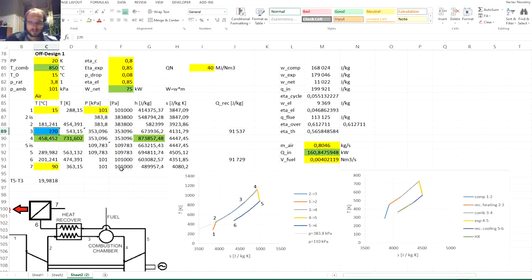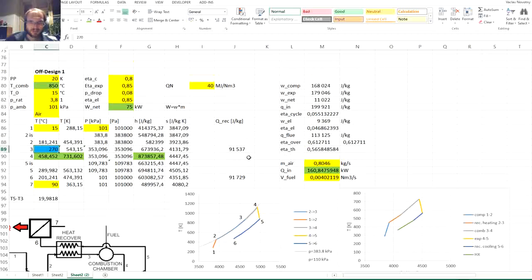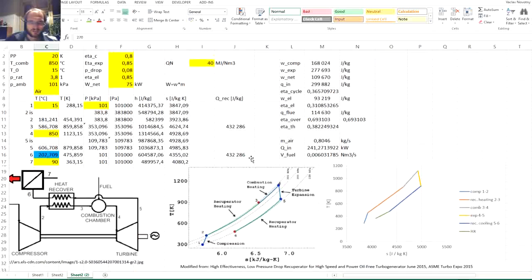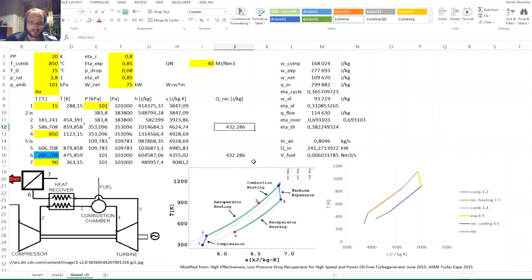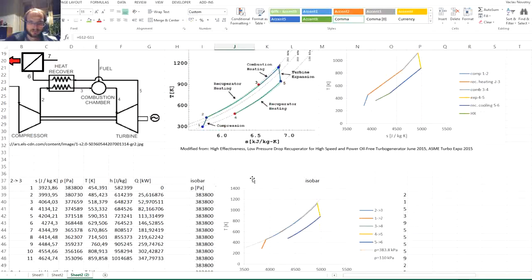So now this was our original TS diagram. In this short simplified way, we have the new one, which is already mapped for the values in here. And we can see that compared to the original, there was a large recuperated heat. Also we can see that it was 430 kilojoules per kilogram.